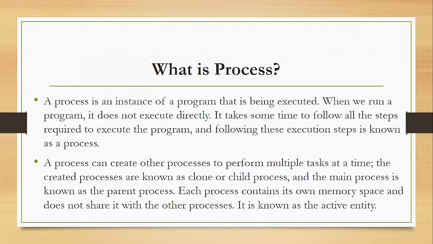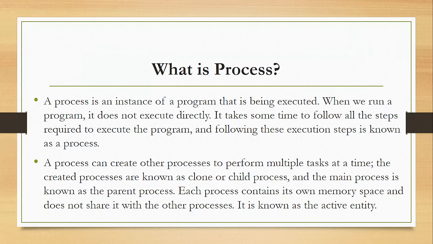Another example that may help us understand the difference between these two terms is that we can look at a process as a parent. If you have a parent and children, most likely you will have a lot of duties to execute.